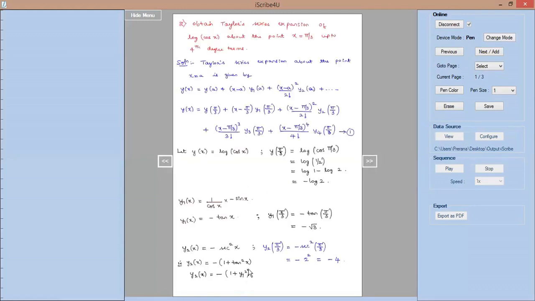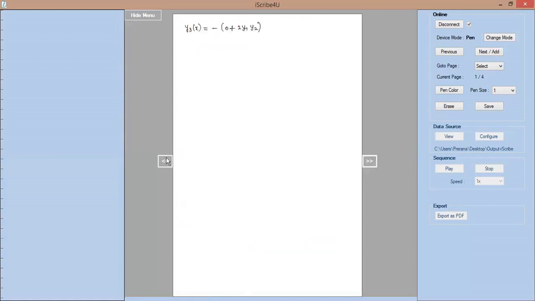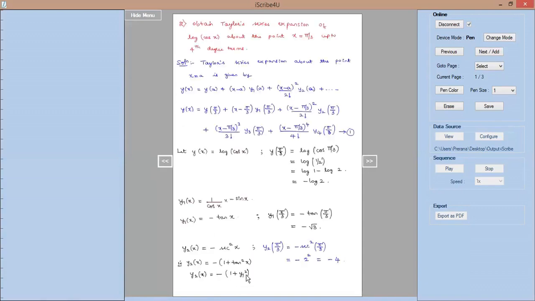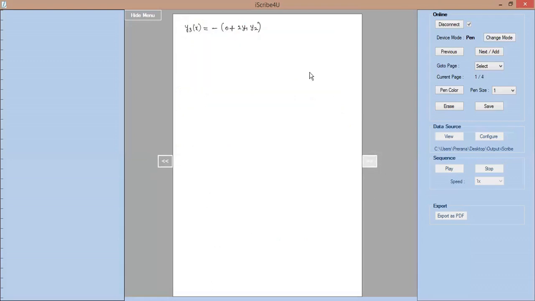Differentiation of x square is similar to that. So differentiation of y1 square will be 2y1 into differentiation of y1 with respect to x. y1 stands for dy by dx. So differentiation of dy by dx will be d square y by dx square.